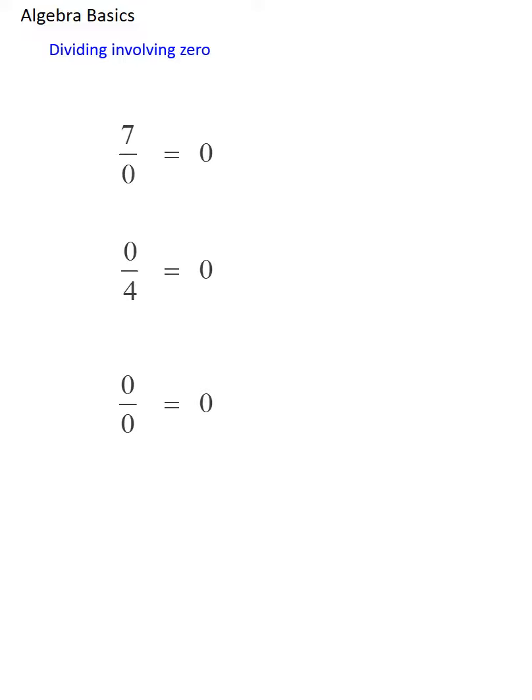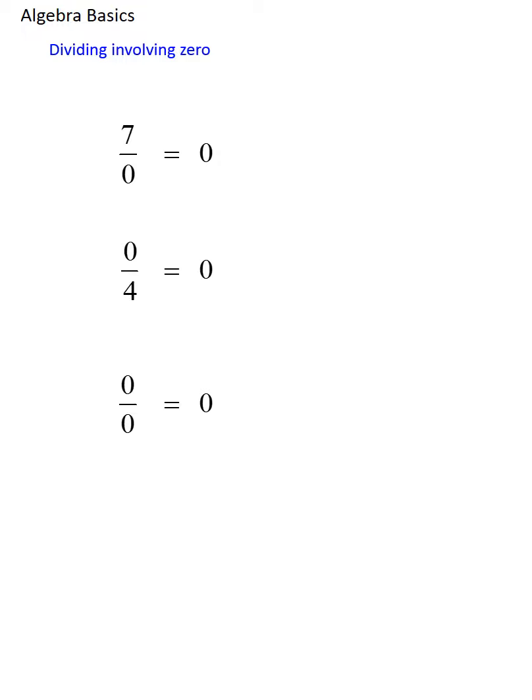Before we do, let me remind you that division is essentially the reverse of multiplication, in the sense that 10 divided by 2 is 5 because 2 times 5 is 10. And that's not surprising to most of us, but let's try to apply that same logic to these three proposals. Suppose a mathematician were to say, all of these should have a result of 0 because division involving 0 has a result of 0.